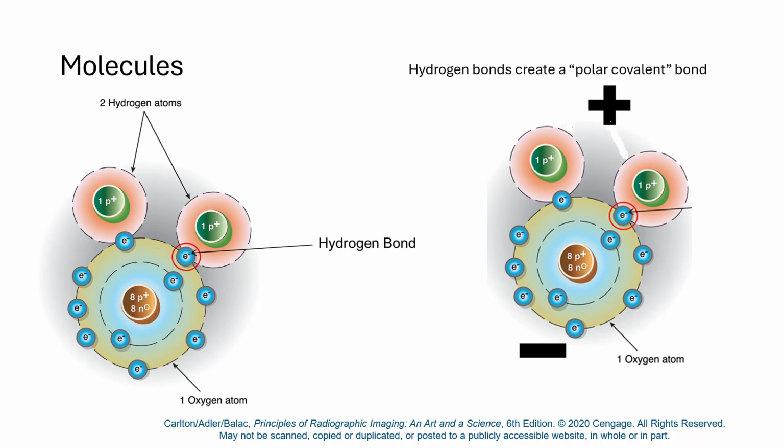Now, they got the angle wrong, this illustrator did. That angle between the two hydrogens, if you connect the middle of the hydrogen nucleus to the oxygen nucleus, and then back out to the hydrogen nucleus, that should be 120 degrees. It doesn't even look like it's 90 degrees. Those hydrogen atoms should be separated by about 120 degrees.